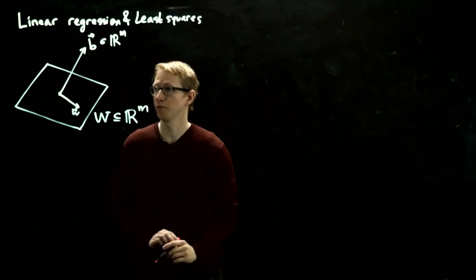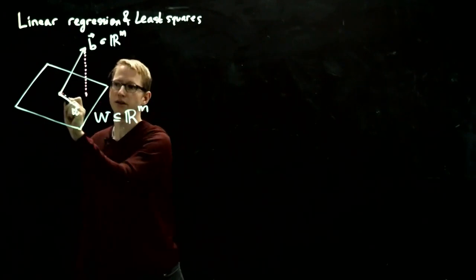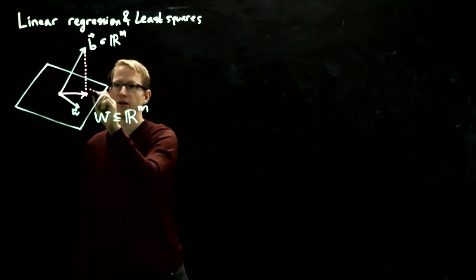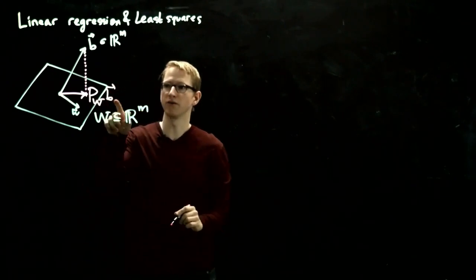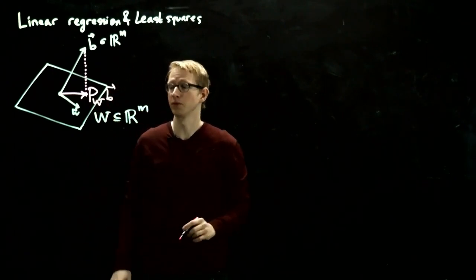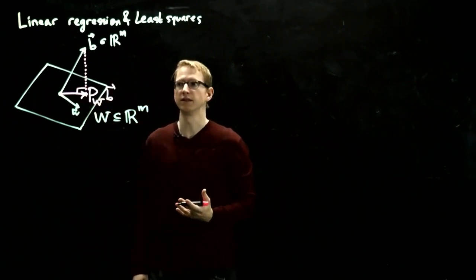Now, just intuitively, if we take the orthogonal projection of B onto W, let's call that P_W B, so the projection of B onto the subspace W, the orthogonal projection, we suspect that that would minimize this distance.